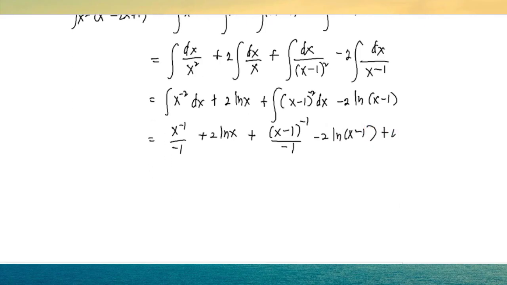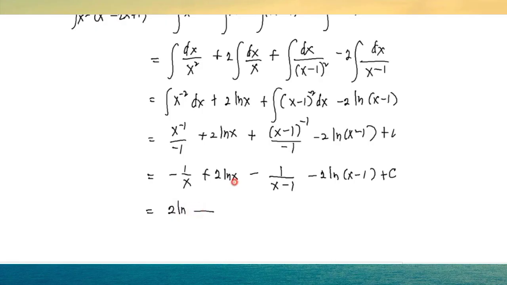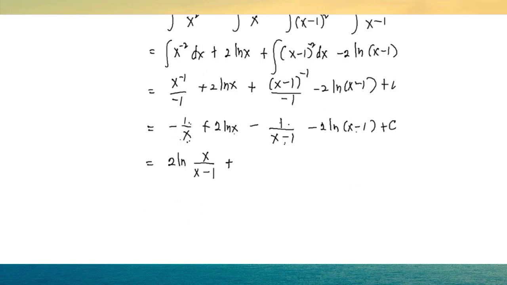So, simplifying further, and we would have negative 1 over x plus 2 ln x minus 1 over x minus 1 minus 2 ln of x minus 1 plus c. So, simplifying further, and we would have, factor out natin si 2, and we would have here ln, yung positive, that's x, and the negative, that's x minus 1.